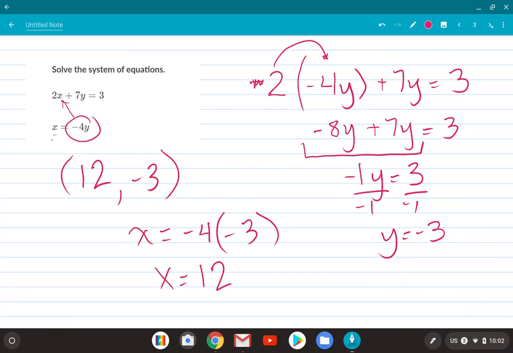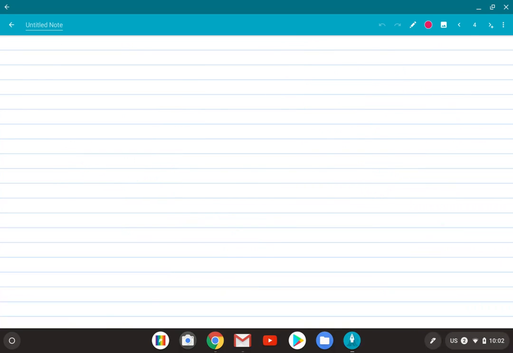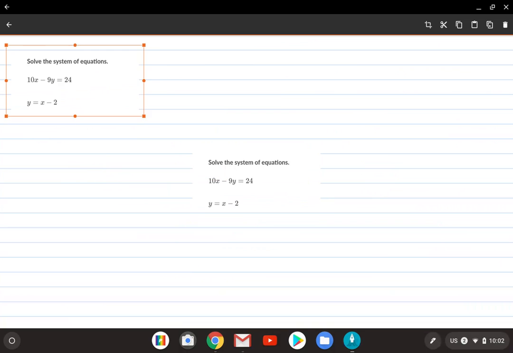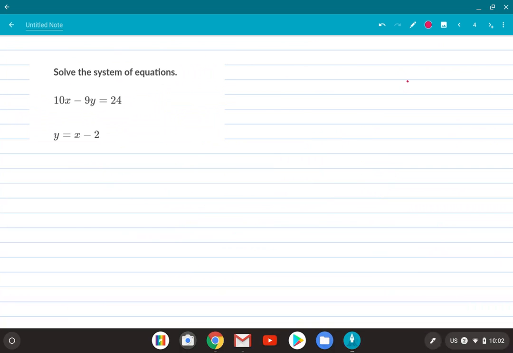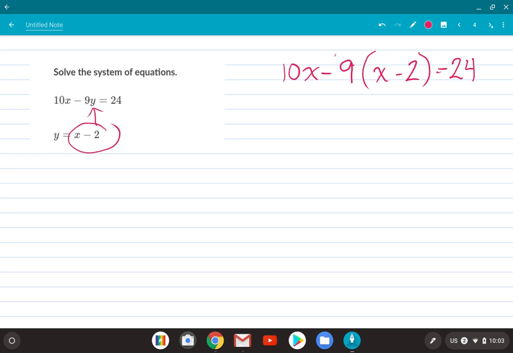Go back. We'll add it to a new page. Okay. Look for the one that's by itself. It equals y, so plug it in for y. So it has a little bit bigger numbers, but don't be afraid of it, because sometimes the bigger numbers actually become much smaller numbers when we get it done. Now be careful, this is a negative 9.